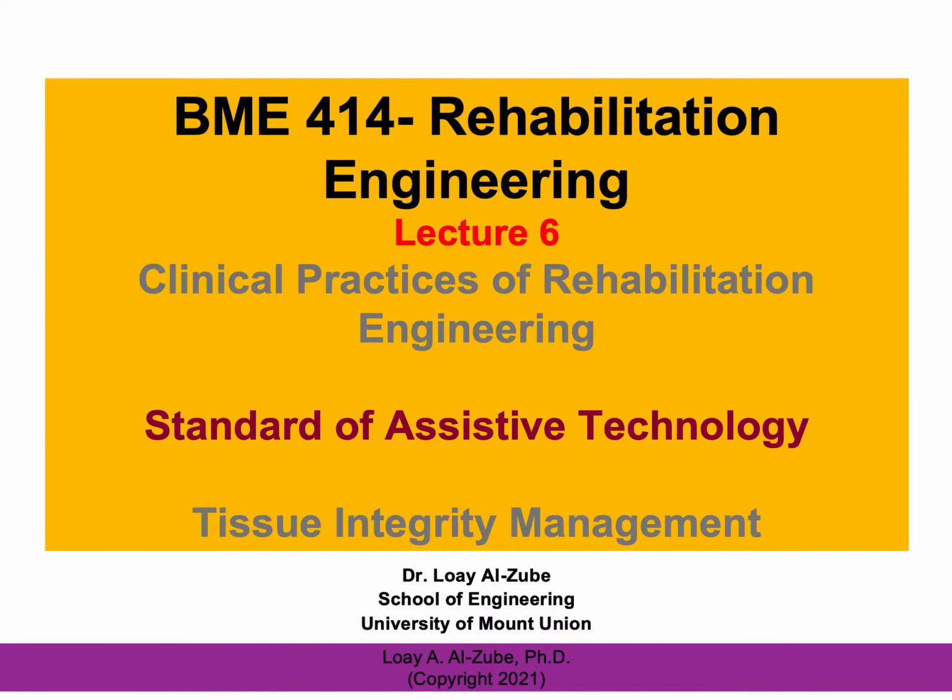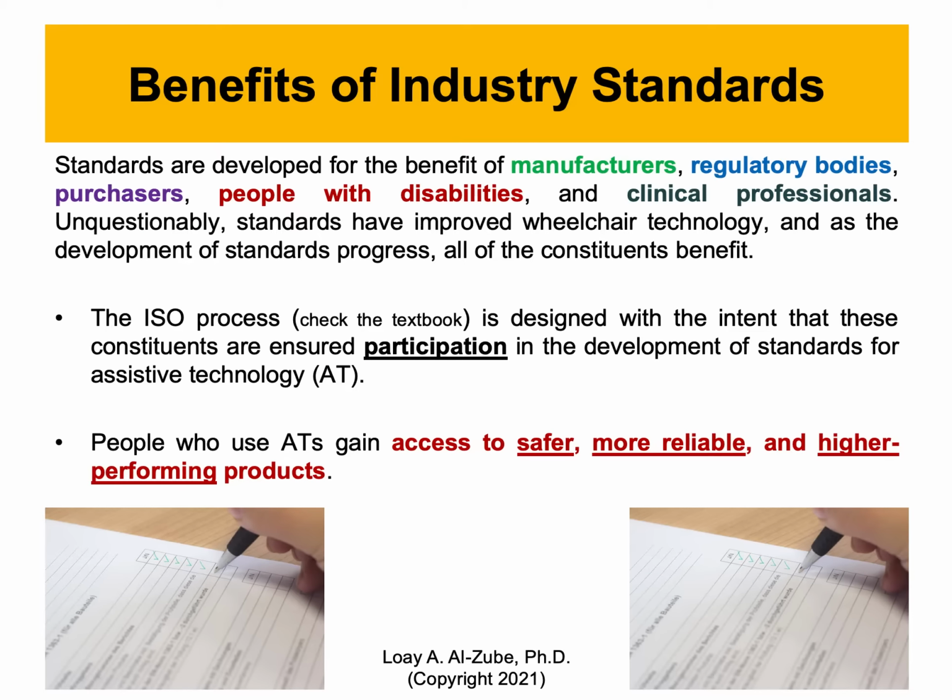In this video, I would like to talk about the benefits of having industry standards for assistive technology in particular. Also, you can project this on any other technology or any other product you're thinking of. Standards are developed initially for the benefit of manufacturers, regulatory bodies, purchasers, people with disability, and clinical professionals.